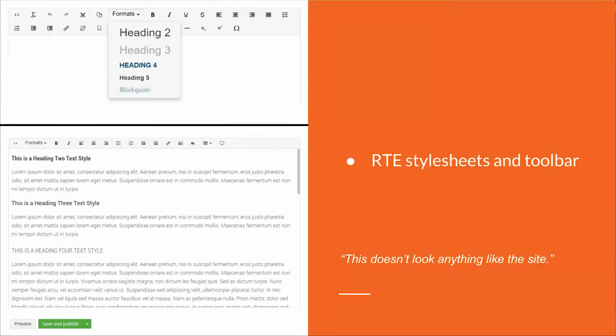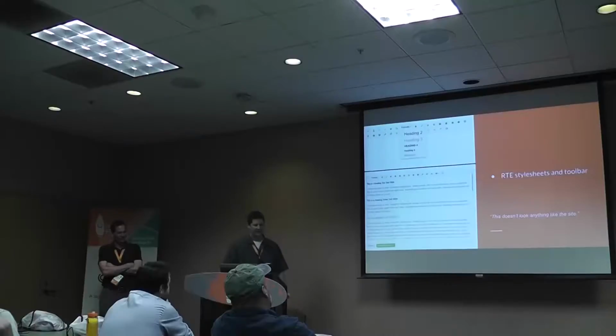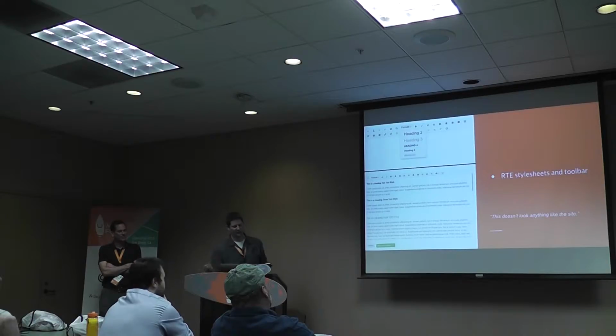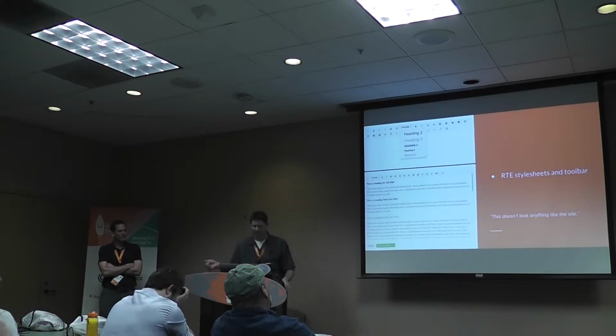All right. Rich text editor style sheets toolbar. What I like to do is in the top image there, add styles to the formats drop down so that content editors can easily make headings, block quotes, H1 through H6, everything is available for them to use whenever they like.